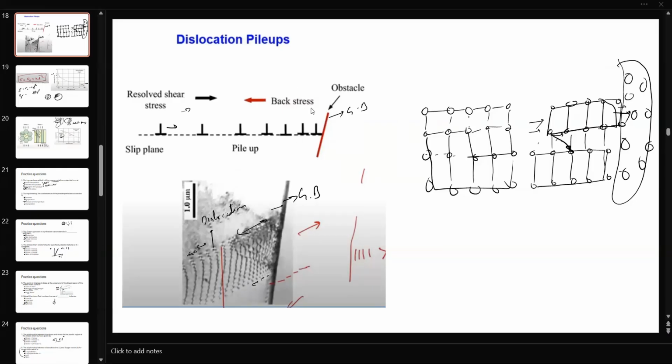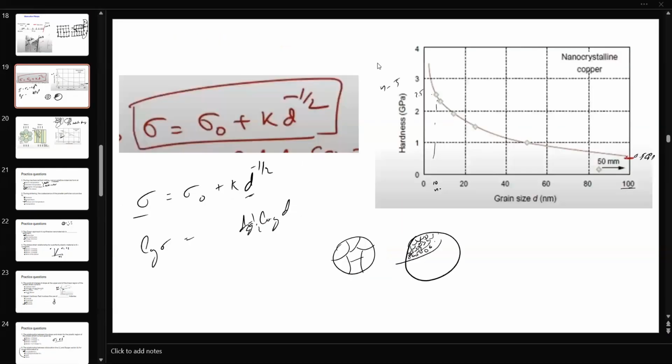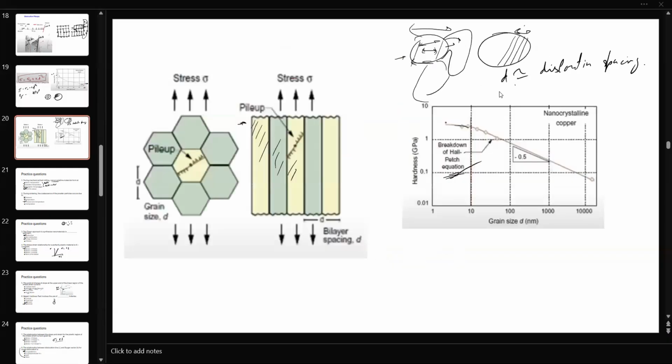When the particle size becomes similar to this dislocation spacing, that's when what we call the Hall-Petch equation breaks down. Since now there's no dislocation pile up.